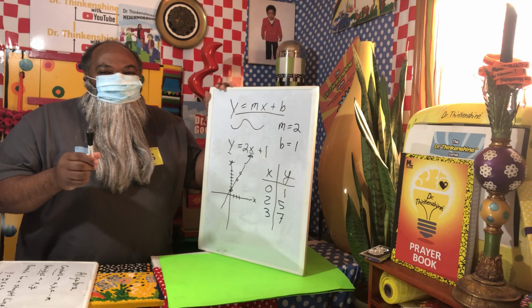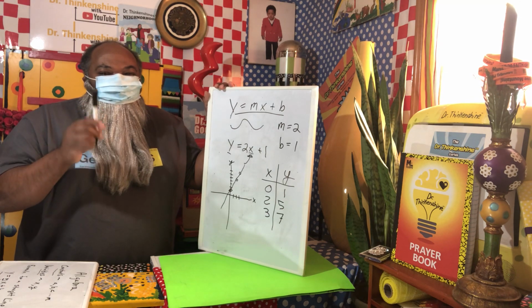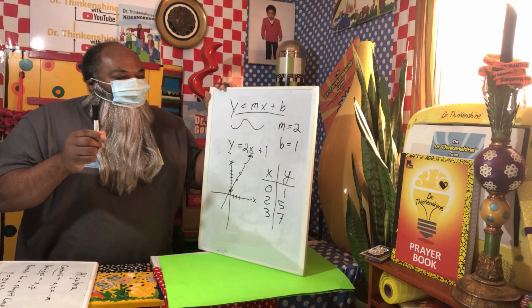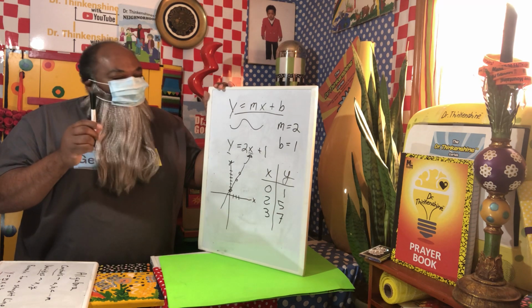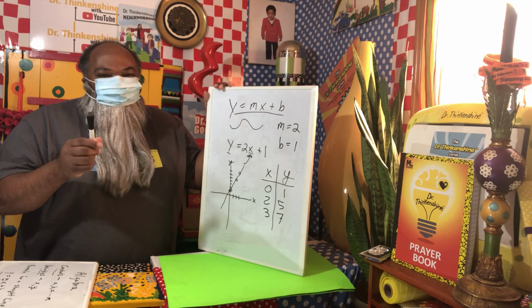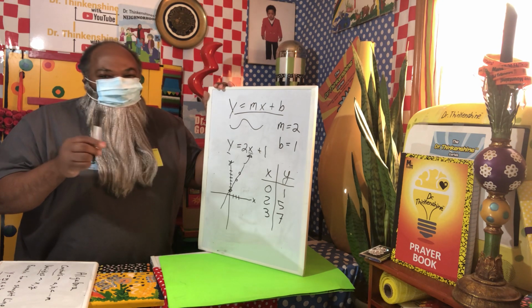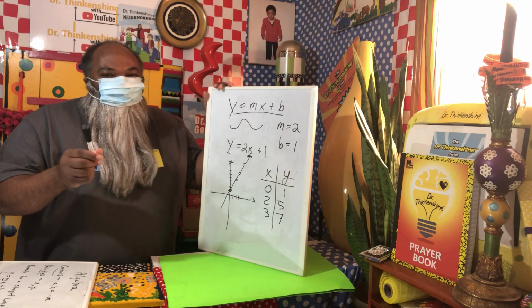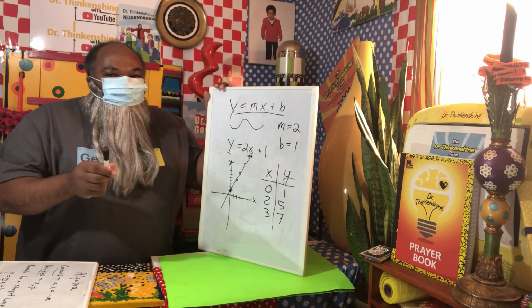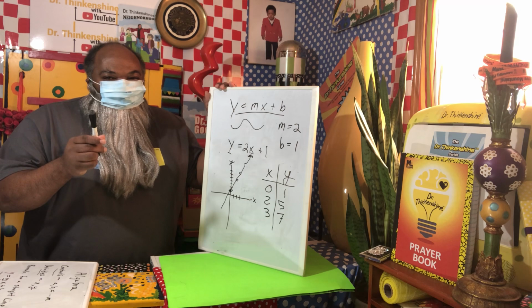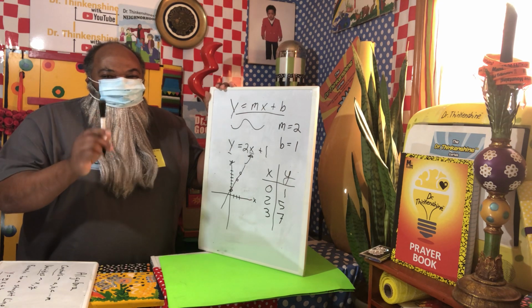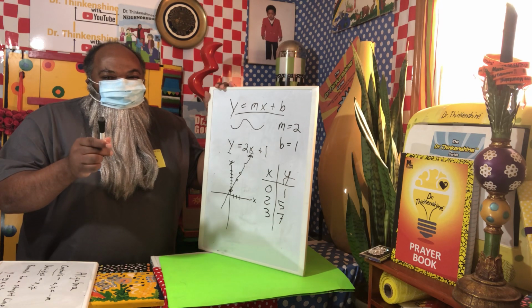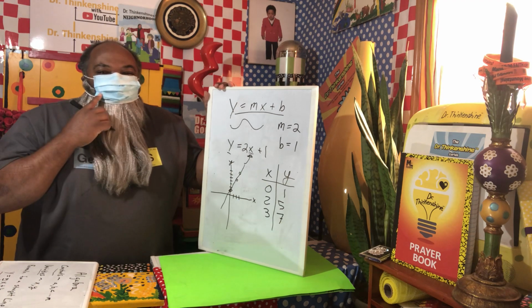Your properties are the identity of multiplication and of addition, your commutative properties, your associative properties, and your distributive properties. And you can look those up. But if you memorize those and master them, you can do any form of math going up to calculus. Remember, master your properties. And wear your mask.